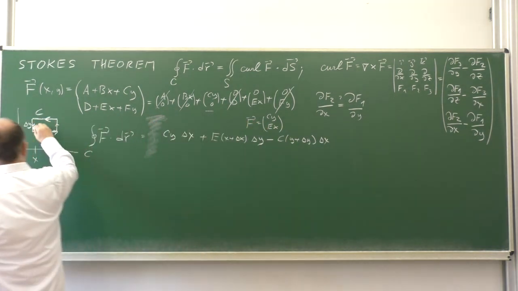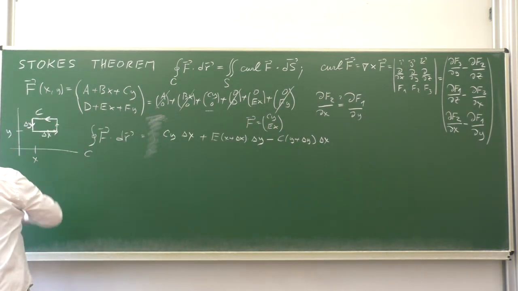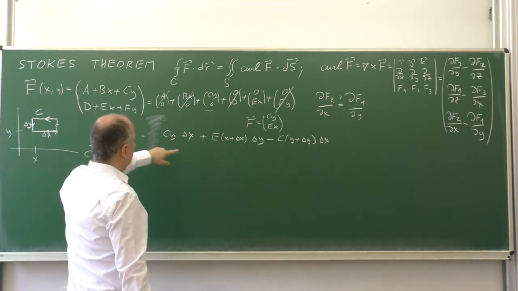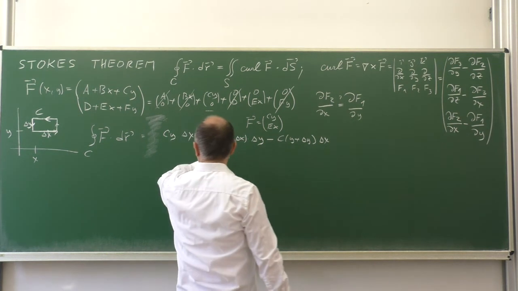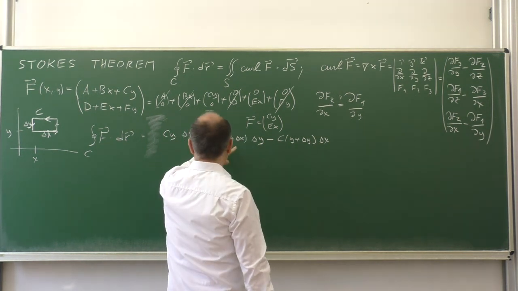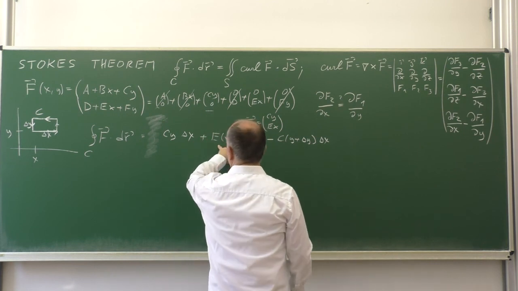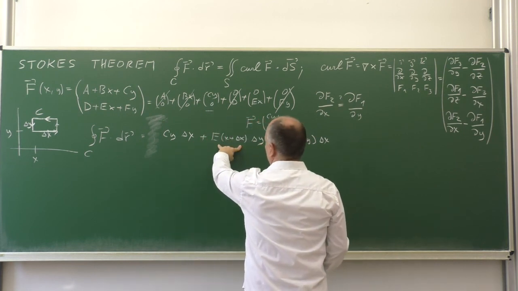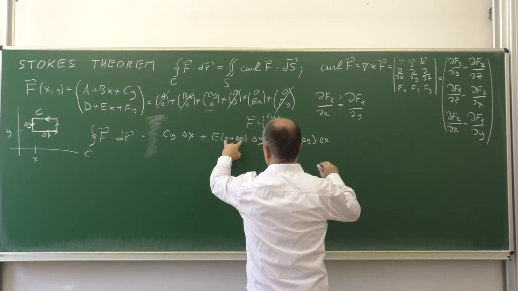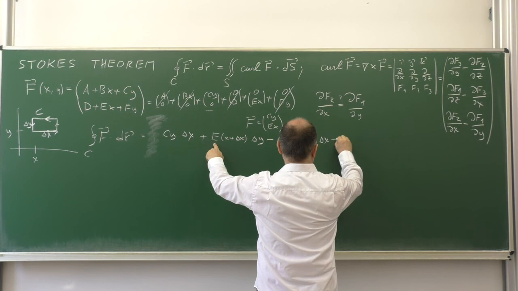And finally, this left-hand side segment, when integrated, gives a similar contribution as this one. But now x is only x, not x plus delta x, and we go downwards, so we write minus.